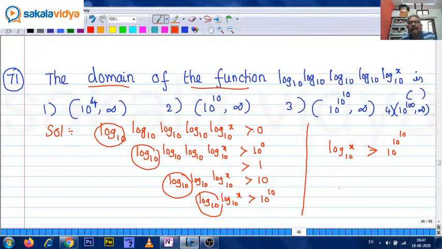Next, x is greater than 10 to the power of 10 to the power of 10 to the power of 10 to the power of 10.